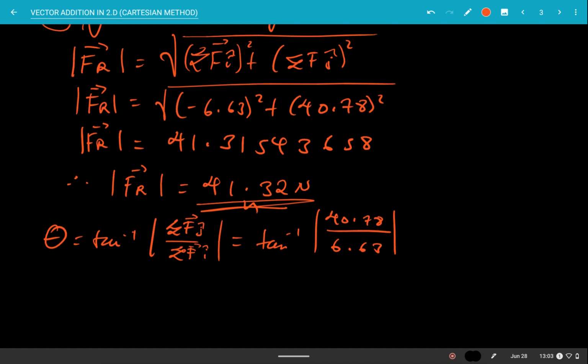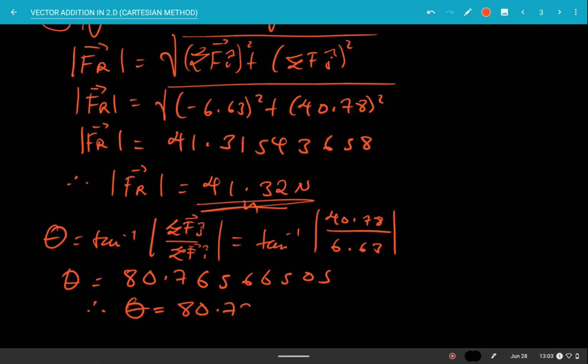So we're having a value, theta, being equivalent to 80.77 degrees when rounded off to two decimal places.